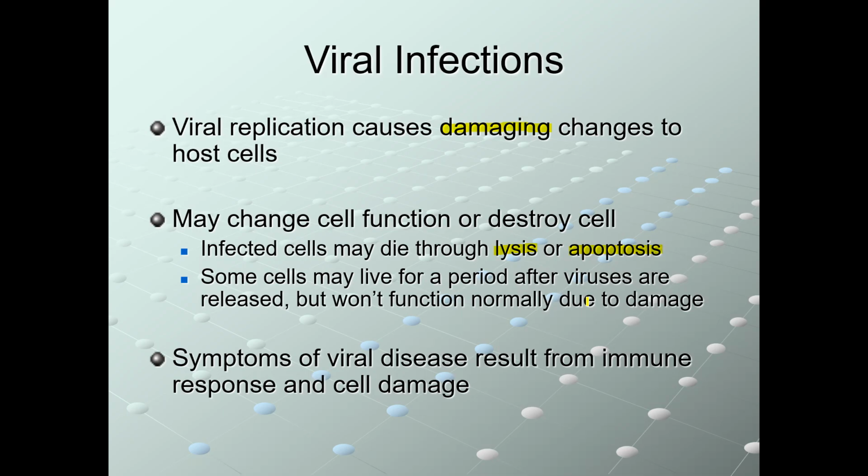Now, in terms of symptoms, we get symptoms because of two reasons. Number one, we get symptoms because our cells are being damaged, okay? Our cells are being hurt. So for instance, HIV, if they're attacking those helper T cells, that is going to reduce our immunity, which means we're going to be more susceptible to just common infections. Now, other symptoms come just from our simple immune response.